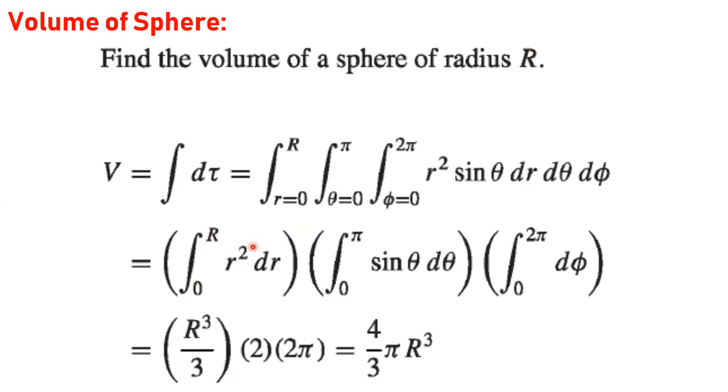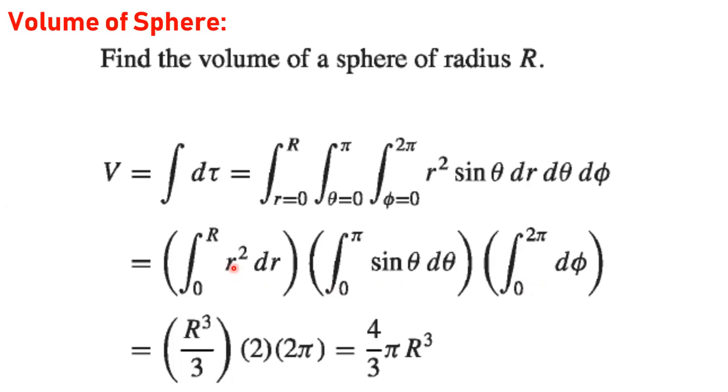So this is the r integral. Similarly, this bracket is the theta integral, and I have to integrate from 0 to pi. And the integration of sine theta is very simple. It's just minus cosine theta, from 0 to pi. Similarly, this is the phi integral, and the limits are from 0 to 2 pi, as I discussed, and we'll discuss this later in this course as well. So these integrals are really simple.